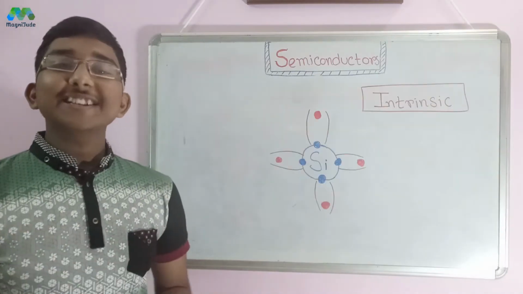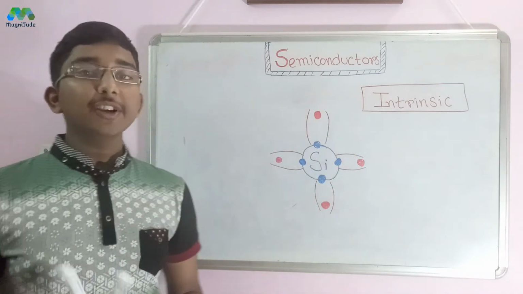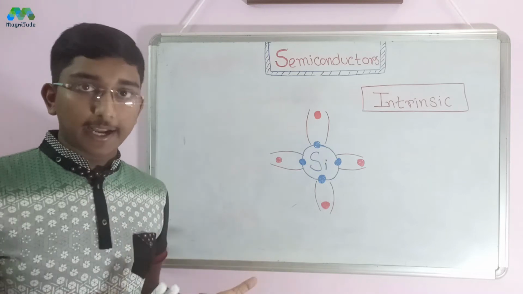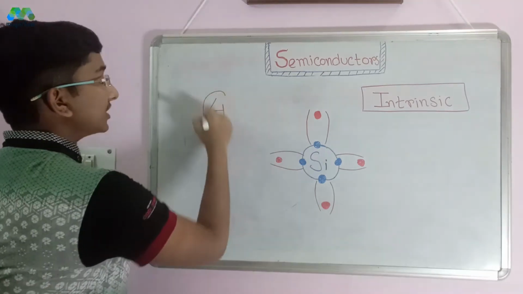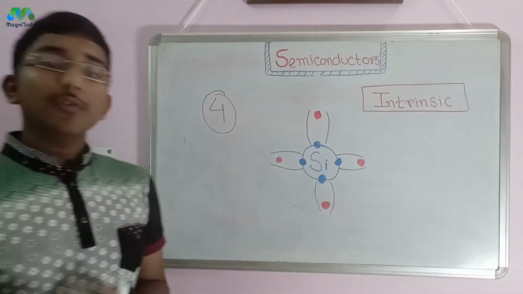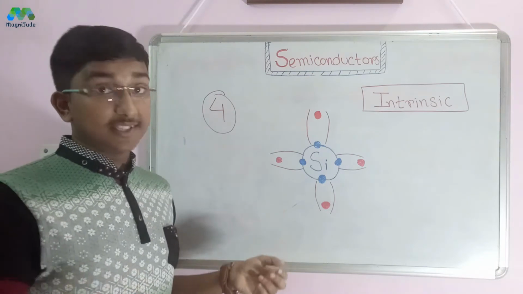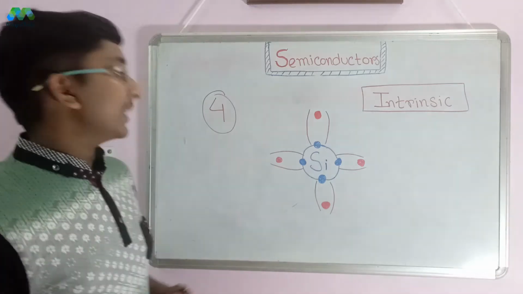Now in the case of intrinsic semiconductors, that means the pure semiconductors, we know that generally semiconductors are made up of tetravalent atoms, meaning atoms which have 4 electrons in the valence shell. Suppose we take silicon, because silicon is one of the best examples of semiconductors.